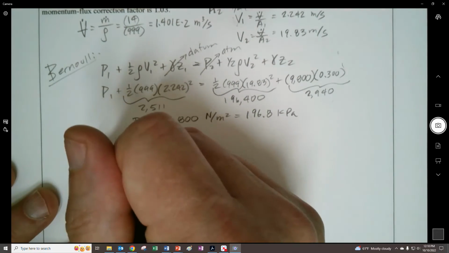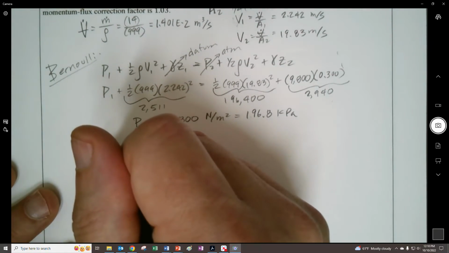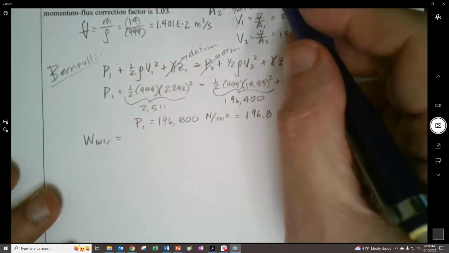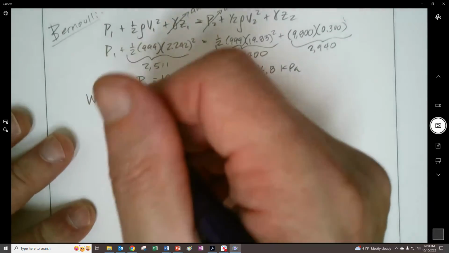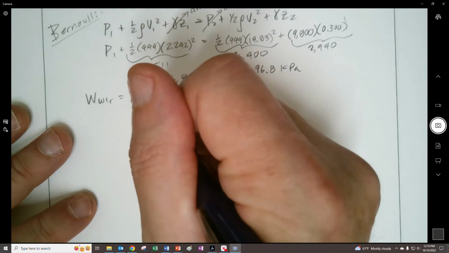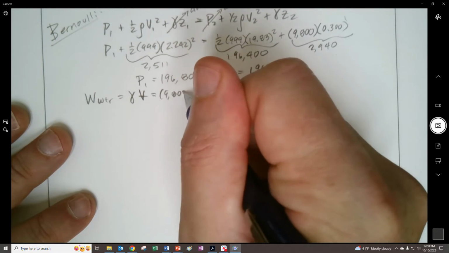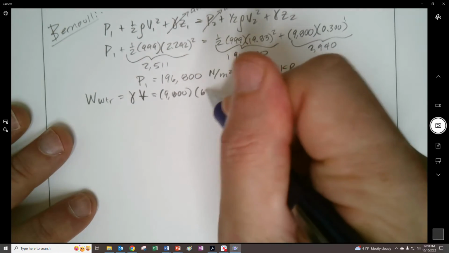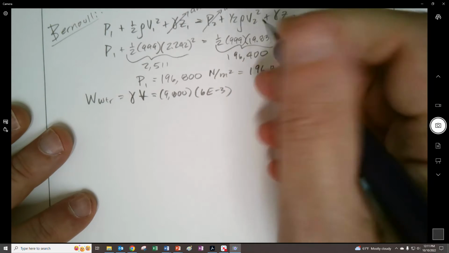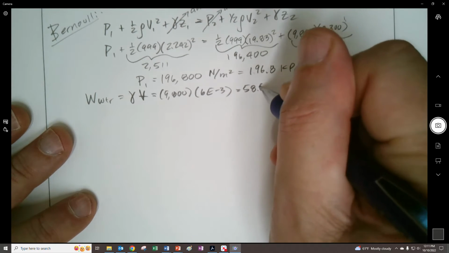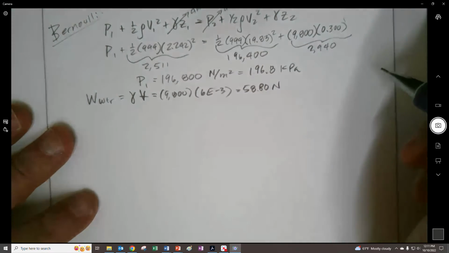Other things I want to find out is how much the water weighs inside this elbow. This is an elbow, not a nozzle, but it looks like a nozzle. Gamma times the volume, so that's 9,800 times 6e-3, so that's 58.80 newtons, right?